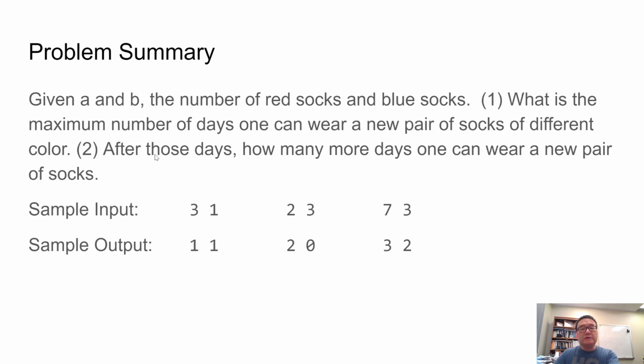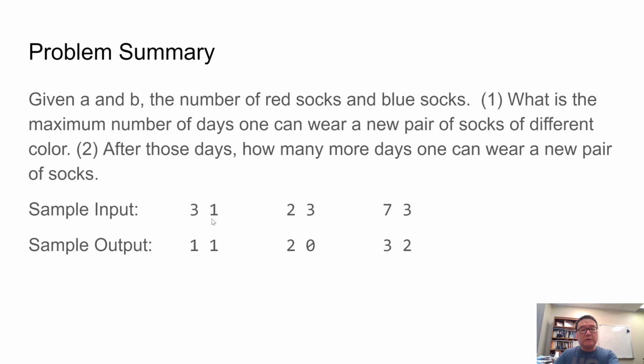The second is, after we run out of ways to wear different colors, we are left with only socks of one color. So we can still wear them. How many more days can we go on with that?